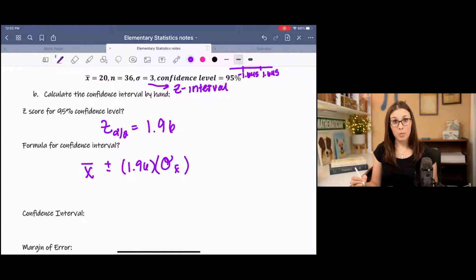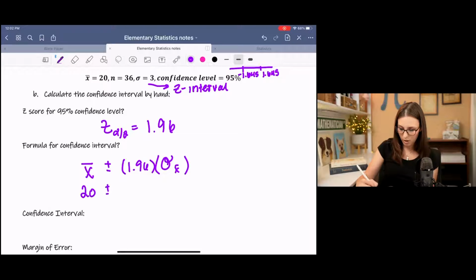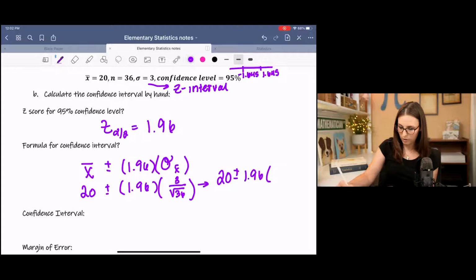And then I'm going to plug in my pieces. It gave us X bar. We have the z-score. And the standard deviation comes from the population standard deviation over square root n. I'm going to rewrite this just to simplify it. That's 3/6.